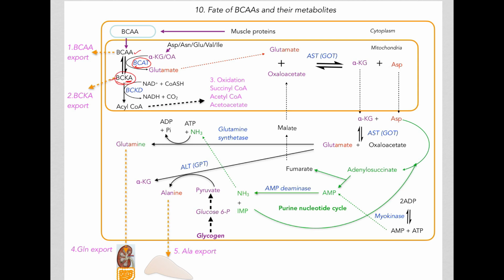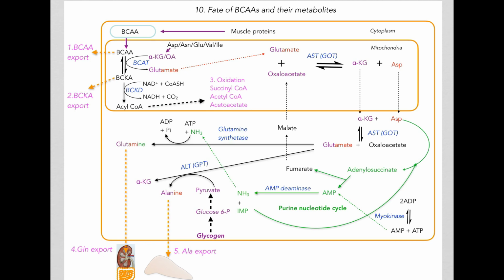And then these keto acids could also be exported out of the muscle cells into the bloodstream, and then from there to all the different tissues, including the gluconeogenesis organs. A third possibility is the branched chain amino acids are simply oxidized into succinyl-CoA, acetyl-CoA, and acetoacetate, and all of these could be used by the skeletal muscles.